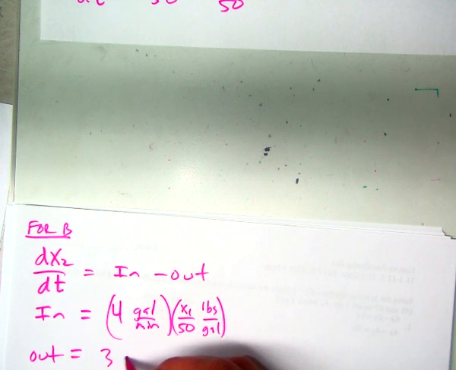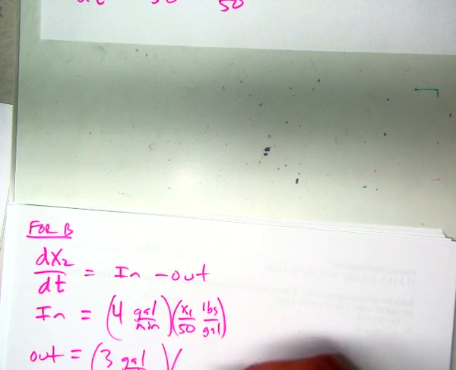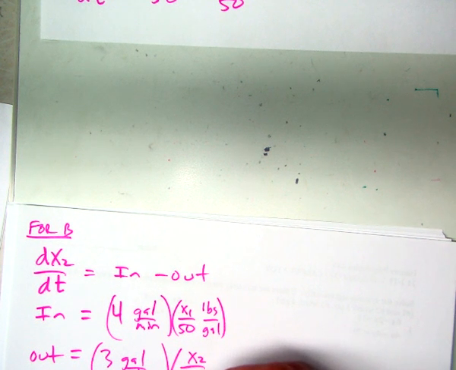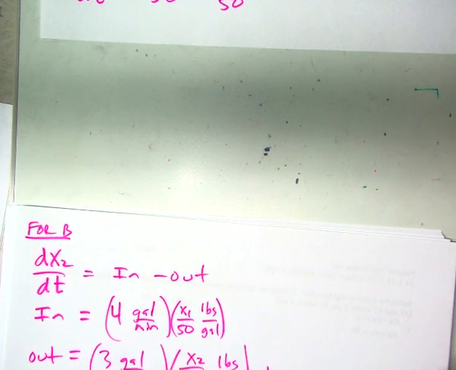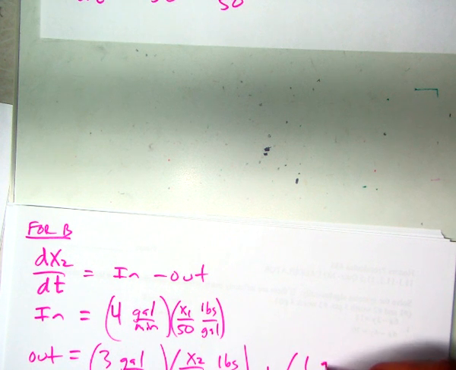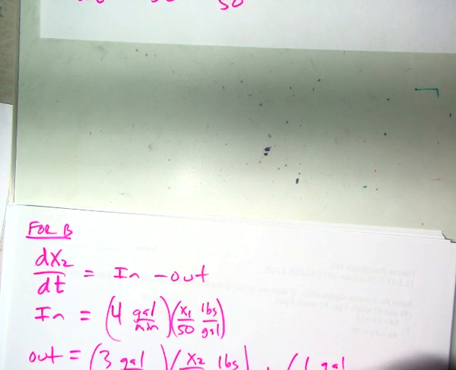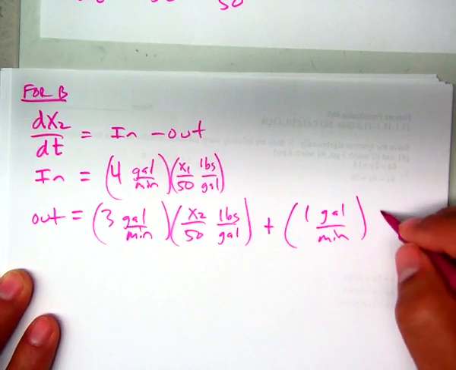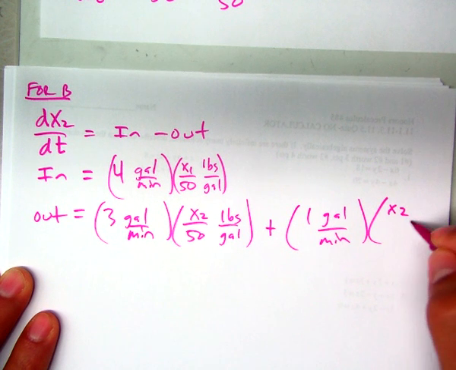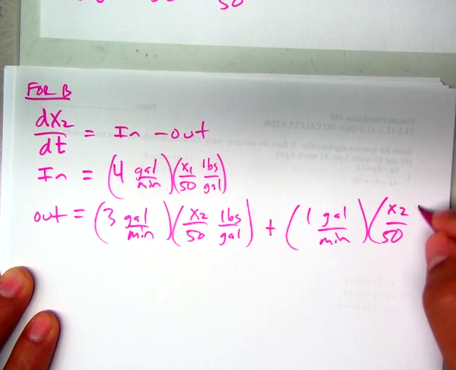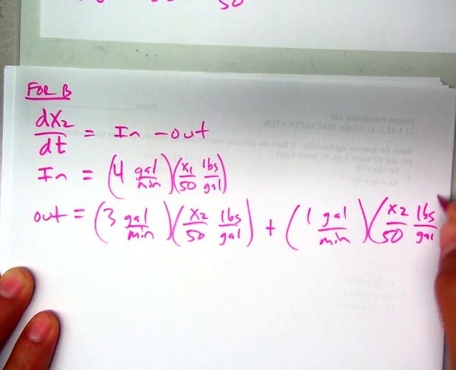But out, we would have then the 3 gallons per minute. And that's going to be x2 over 50 pounds per gallon. And then we also have that 1 gallon going back into A. And that's also at x2 over 50 pounds of salt per gallon.